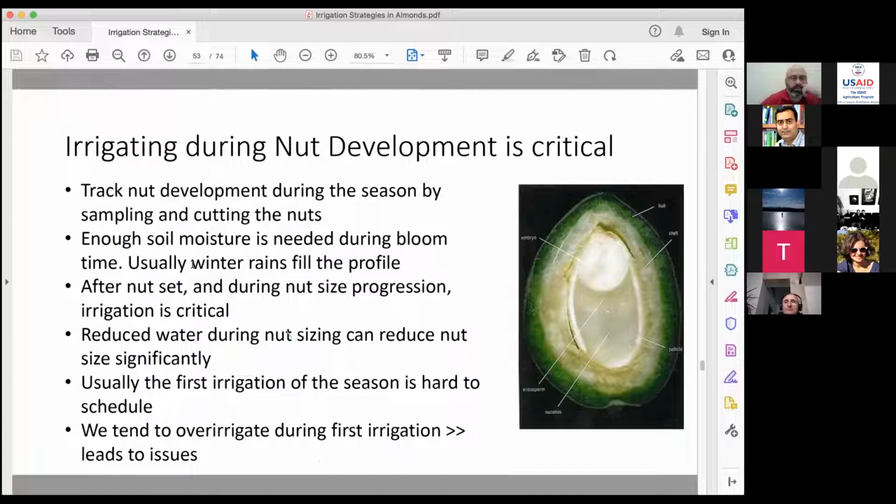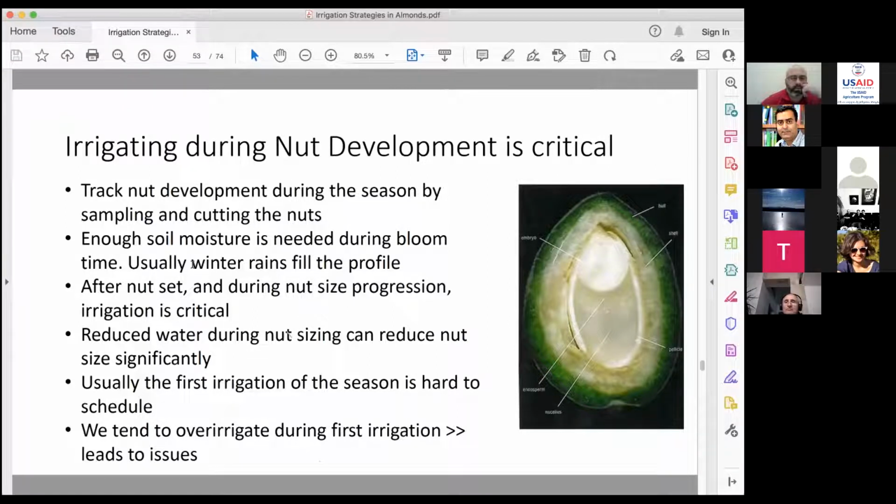However, in California, we do not start irrigating until mid-April or even the end of April. That is because we have enough soil moisture from the winter rains in a normal rain year.